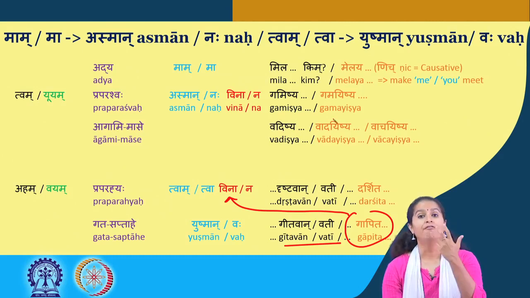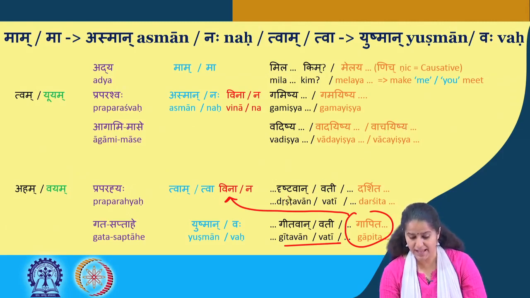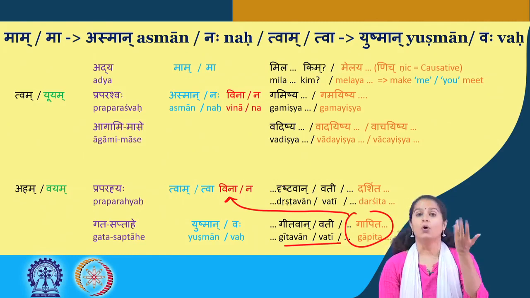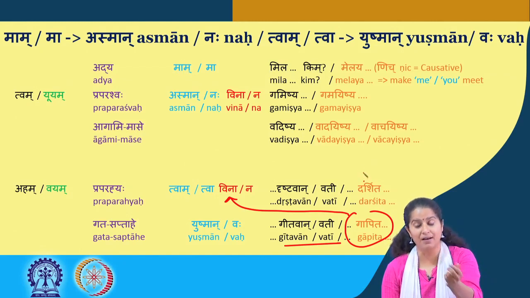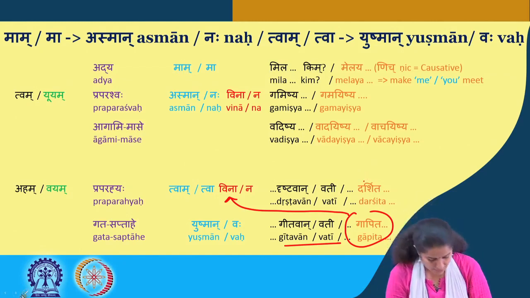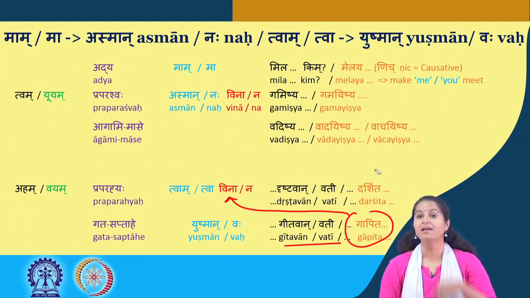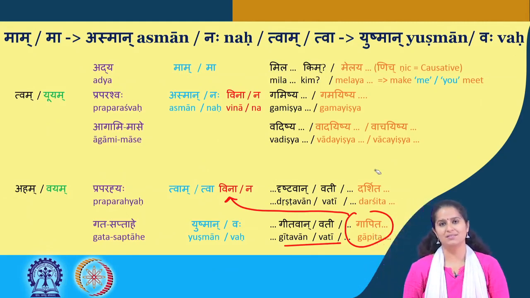Vadishyati, vadayishyati or vachayishyati. Alright. Vachayishyati is to make the person speak, as you can see. Now, drishtavan will become darshitavan, I showed. And then you have gitavan, sang, gapitavan, made someone else sing. So that's the causative as well.